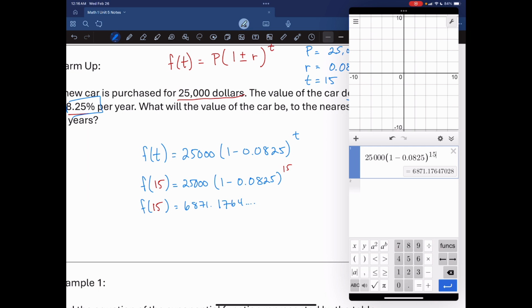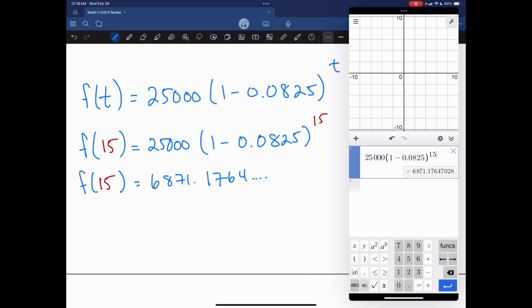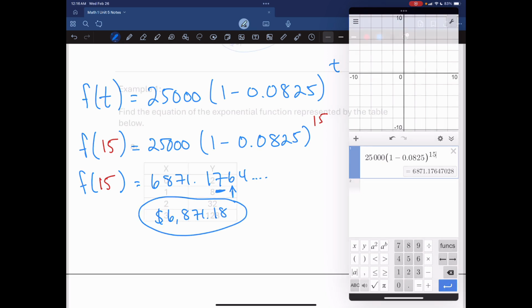I'm going to leave this here, right? So we're rounding to the nearest cent. This is what we're rounding to, and the next number tells me if I round up or leave it alone. This tells me we round up, so $6,871.18 is our answer. So after 15 years, that's how much my vehicle is going to be worth.